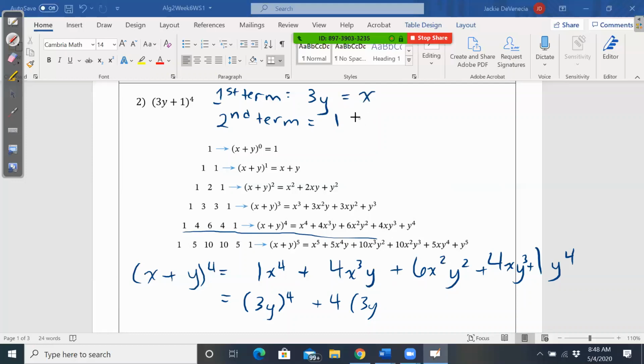Wherever there is a y, I want to replace for a 1. Okay, so that's what I'm just doing, replacing or substituting. Another term for replacing.